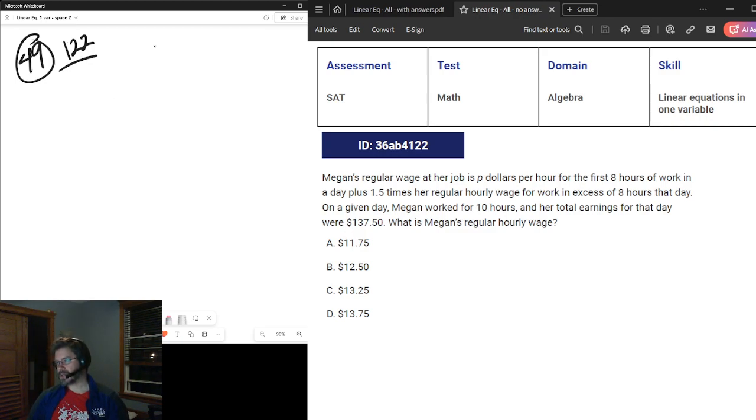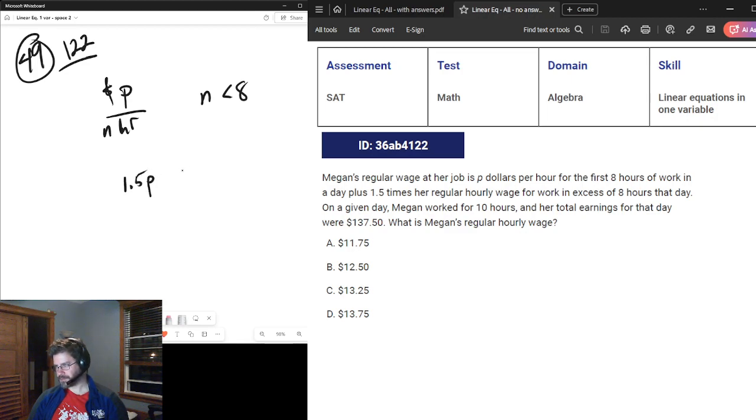We get p dollars per hour for the first 8 hours. So p dollars per hour when, let's say, n hours when n is less than 8. Plus 1.5p for each hour over 8 hours, for n greater than 8.